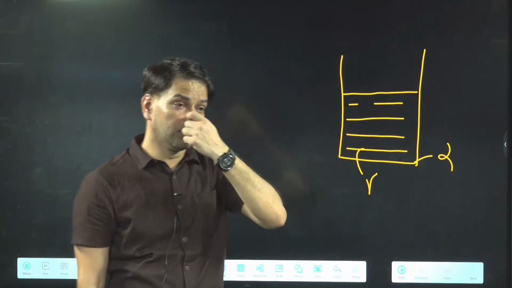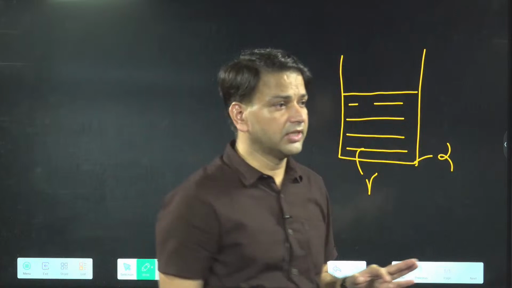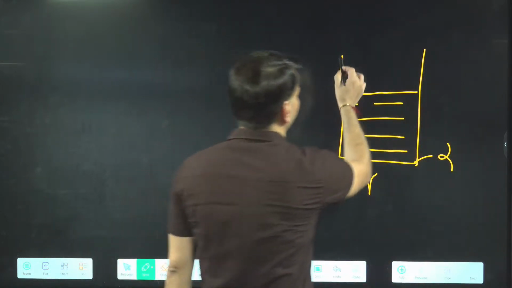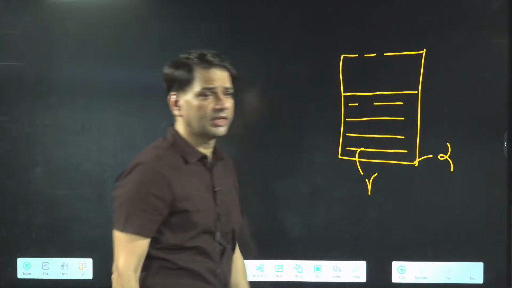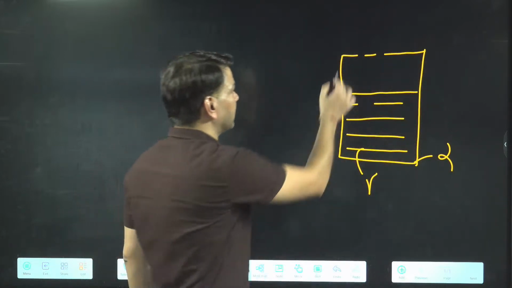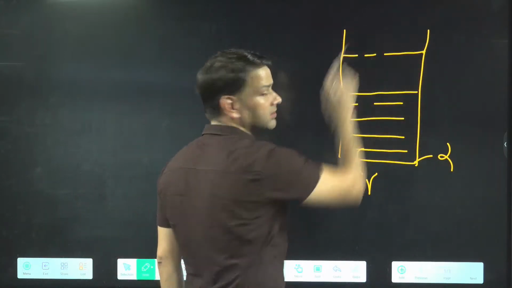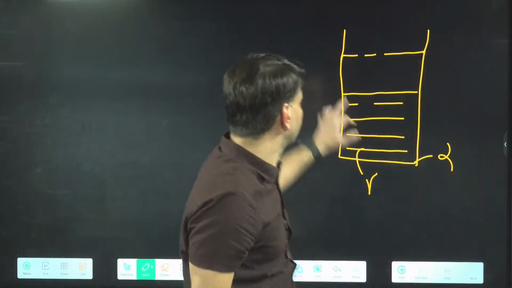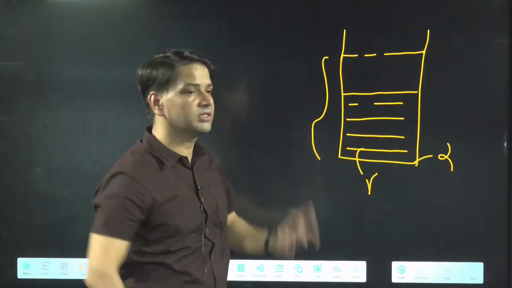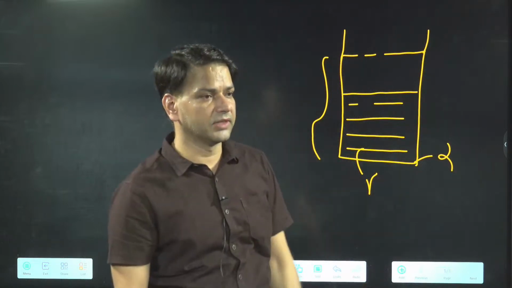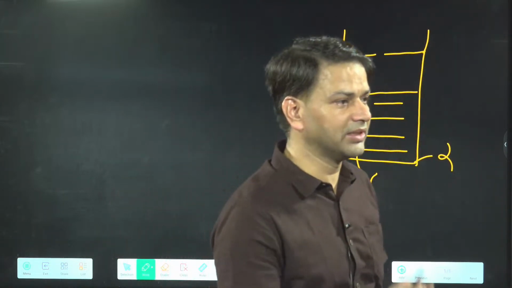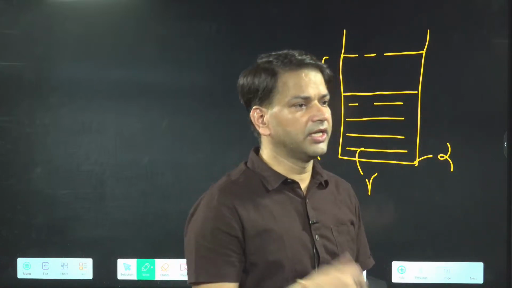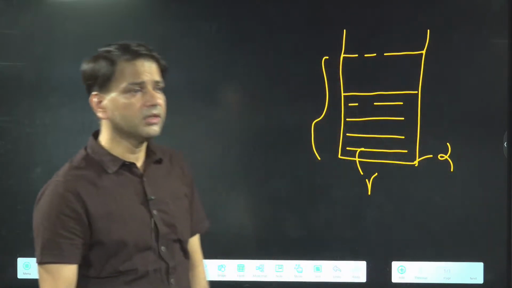Somebody may be thinking it is completely filled. Even if it is completely filled and the container expands, it will expand like this, but the liquid is not occupying the whole space. The height of the liquid is the same before heating and after heating. Means on heating, the height of the liquid column is not changing. Then what is the relation between gamma and alpha?